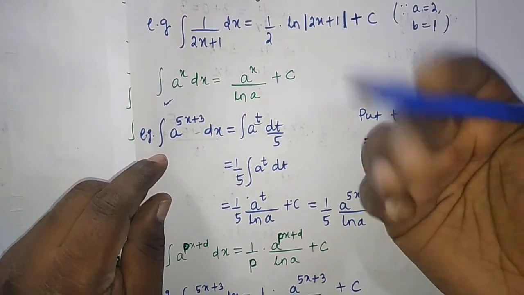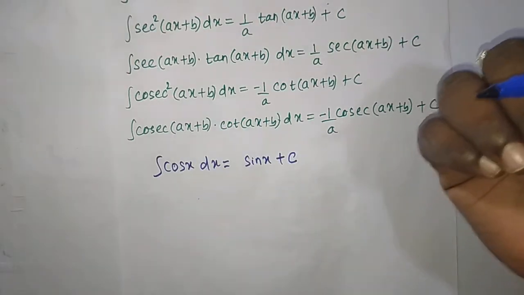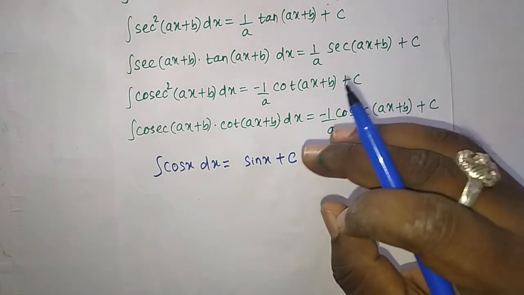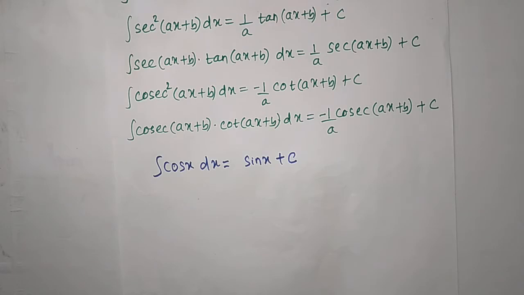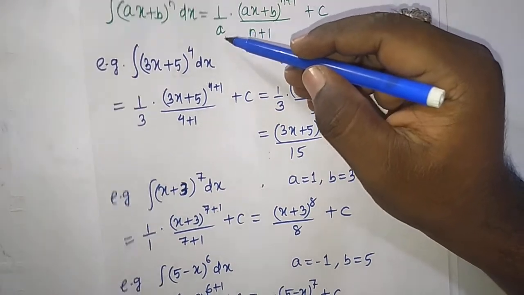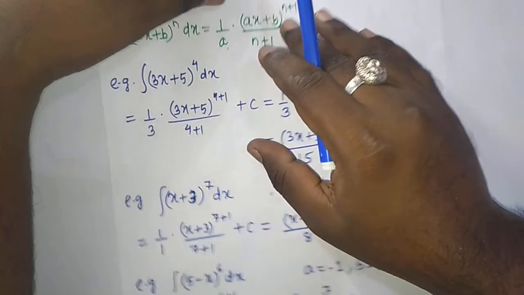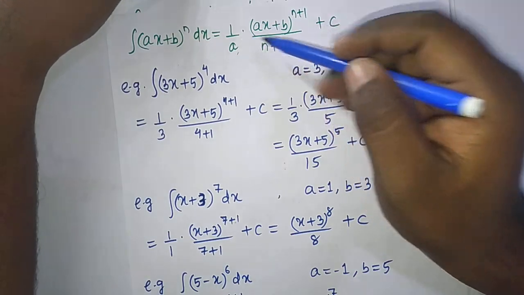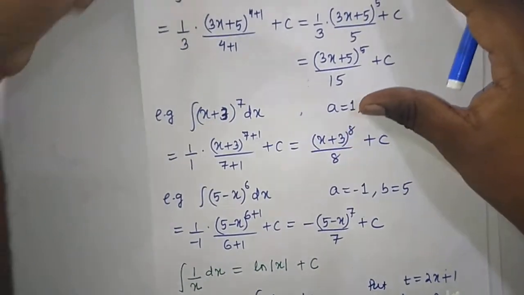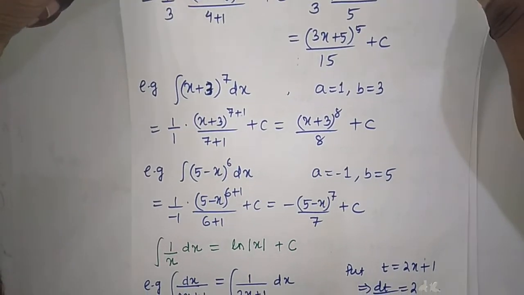What are a and p? A and p are coefficients of x. We have to divide by that term, or multiply by the 1 by a term, in the beginning.